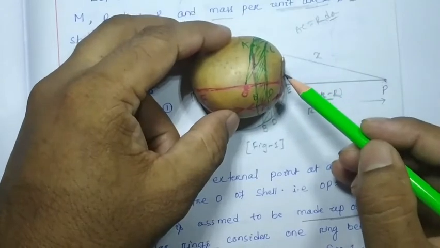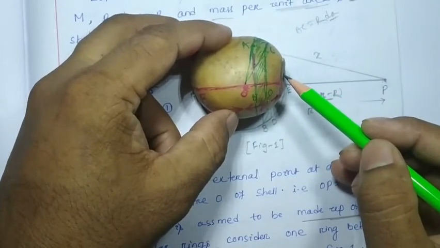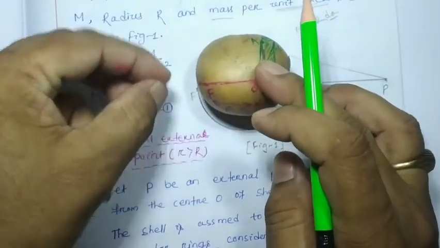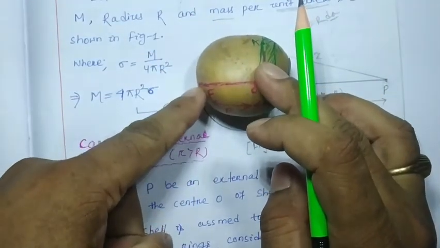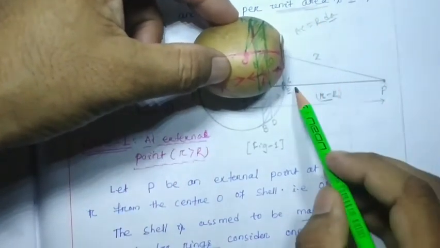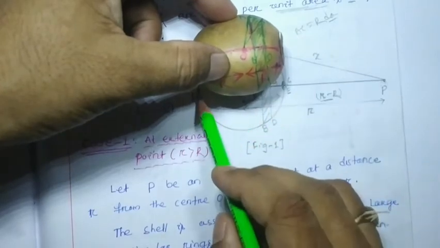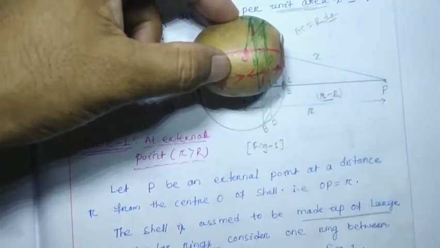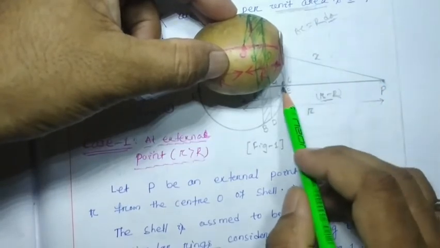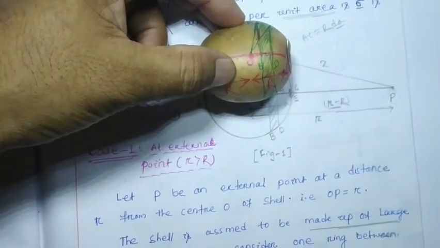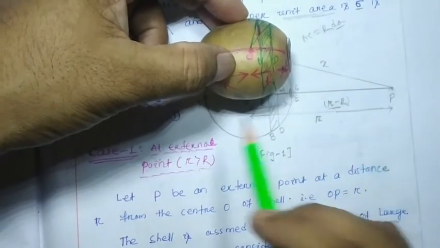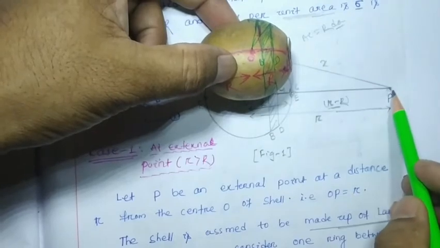So at the face, it is a small ring. For this small ring, the x will be E to P. For this side, the small ring we are going to get, then what am I going to integrate? This is from EP to FP, right?